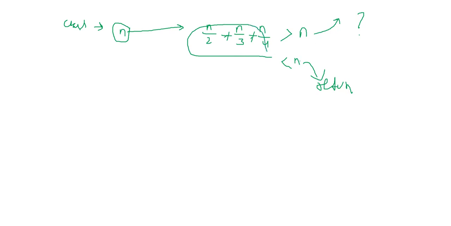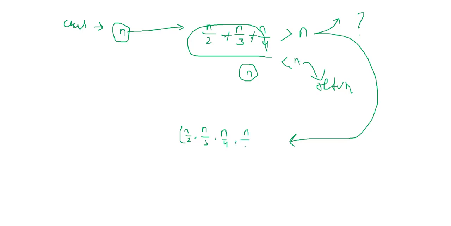Now in case it's greater, what should we do? Since here we are passing just a single argument n, we can't do this here. We have to create another function inside the class, where we can pass 4 arguments: one is n by 2, another is n by 3, another is n by 4, and another is just n.